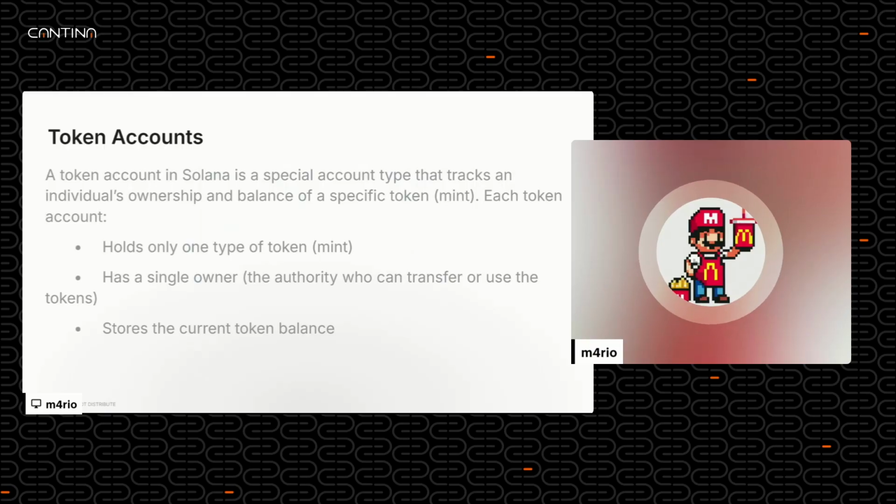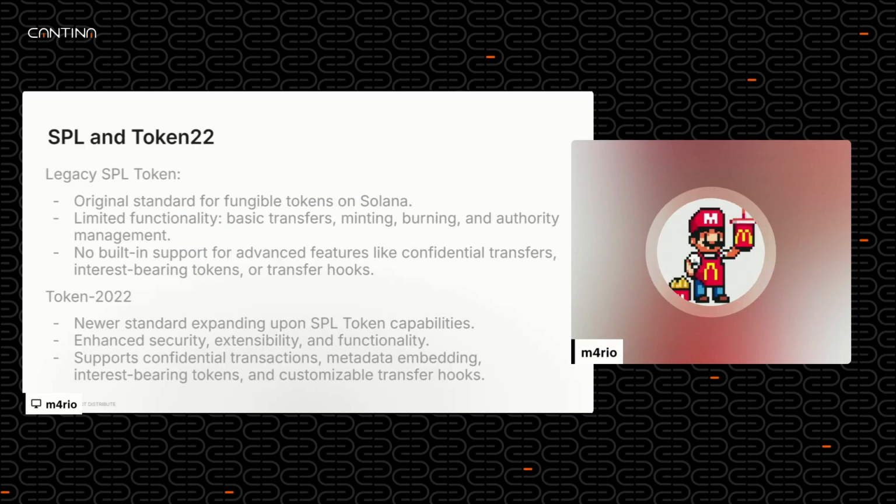Each token account has built-in features: it holds only one type of token, so one mint per account, it has a single owner, and it stores the current token balance. These are basic features built into these token accounts. And with this, you can express lots of fungible and non-fungible tokens. We will see that in the next slide.